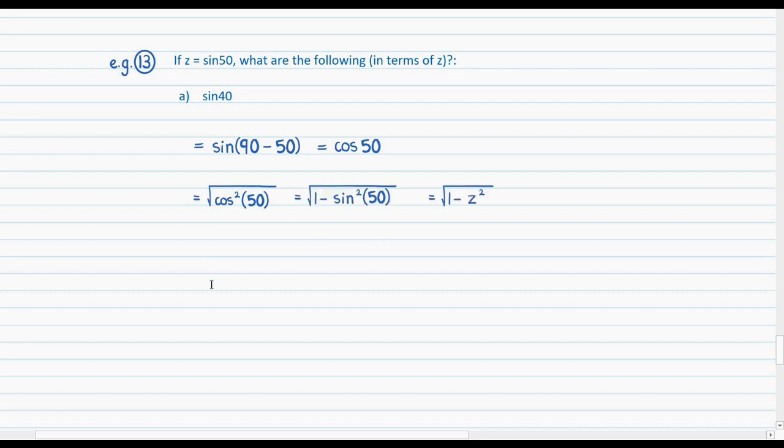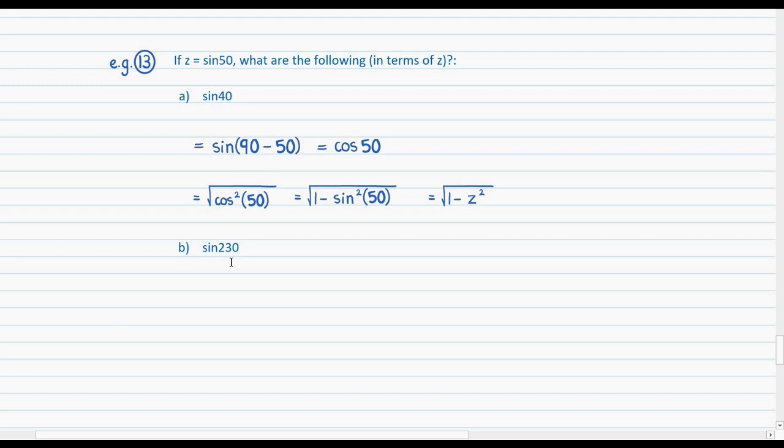Then for part B, we have to rewrite sine 230 in terms of z. As earlier mentioned, under the fundamental section, when you have an angle between 180 and 360, see whether it's above or below the halfway point of 270 to decide which of the two angles to use when rewriting it.